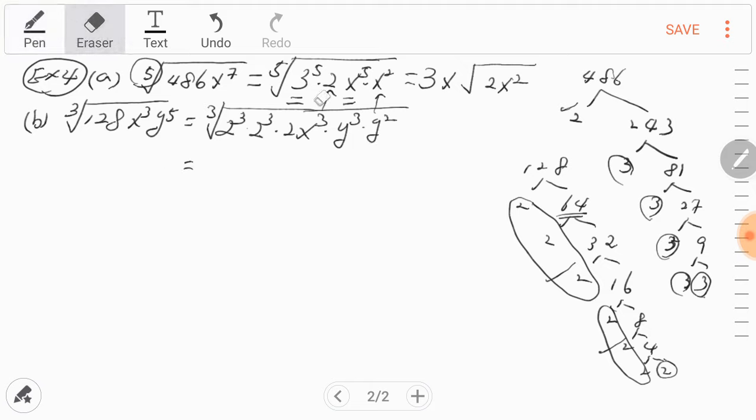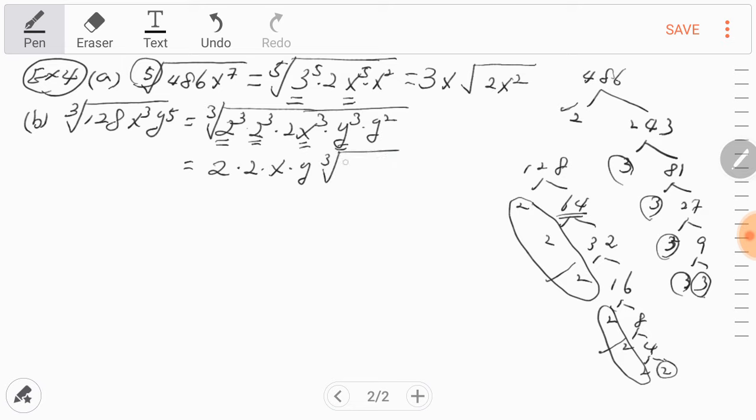Alright, then this base 2 can get out. This one also can get out. And this 2 stays there. And 3 gets out, this x out and y out. And the others stay inside.